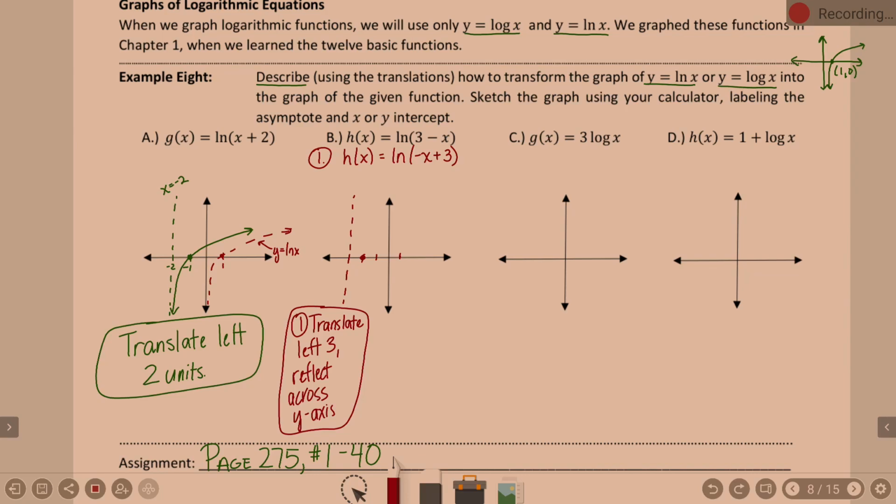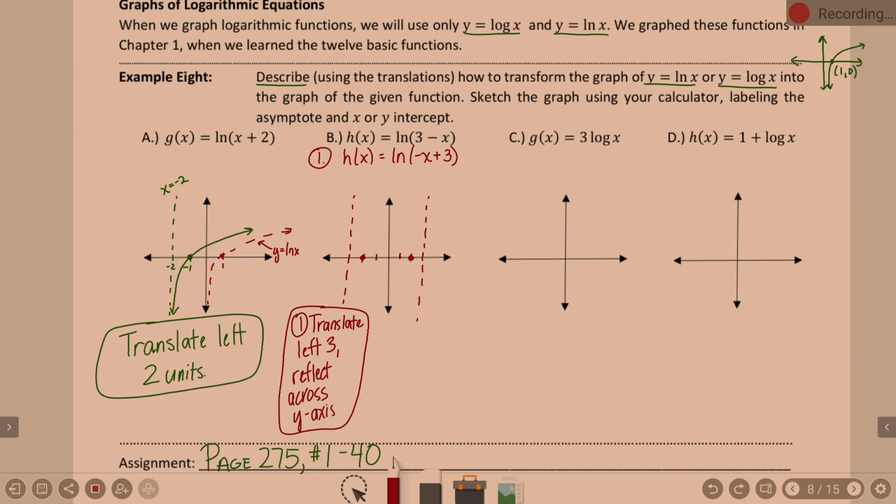Oh, crud. I totally botched this, because I started drawing it out here. So there's my 3 left. What happens when we reflect that across the y-axis? It becomes positive 3. I guess I didn't botch it, I just forgot where I was going. You're actually going to end up with the asymptote over here when we reflect it, and your intercept there.